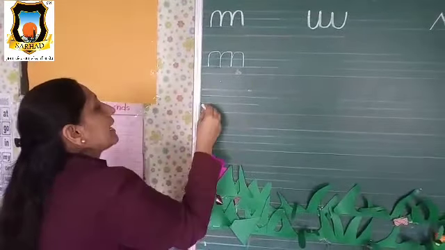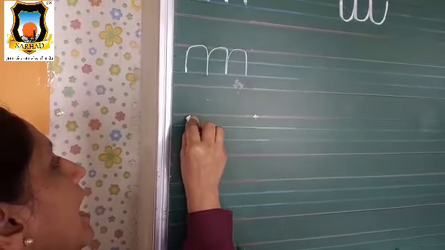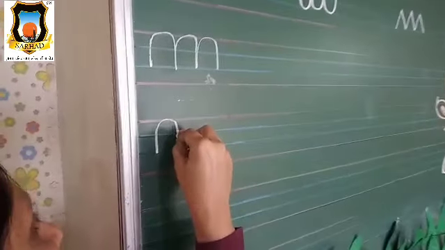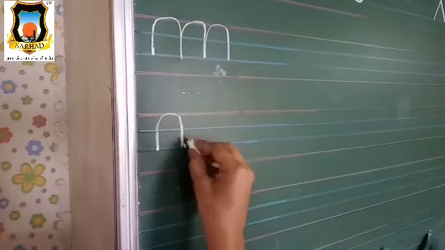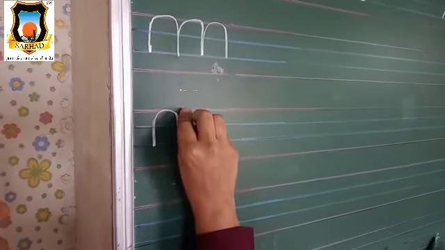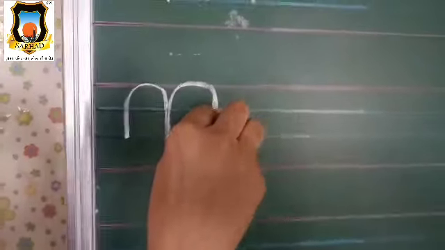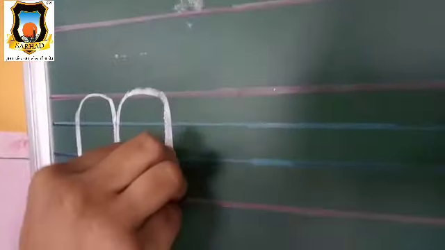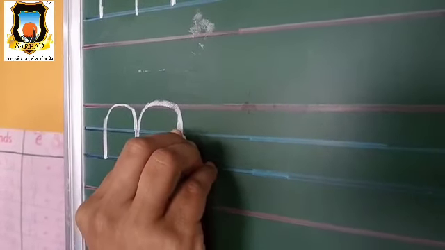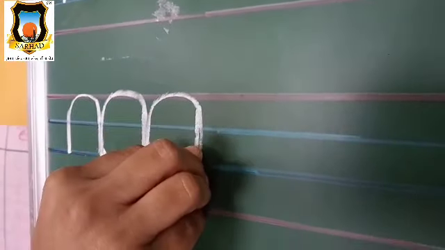Okay? We will write again. Put your pencil on the blue line, go up, draw a hump like this. Again draw a standing line straight, touch on the second blue line. Very good. Again go up on the same line. Draw humps like this. Then go down, straight standing line, touch on the second blue line. Again go up, draw a hump and touch on the second blue line.